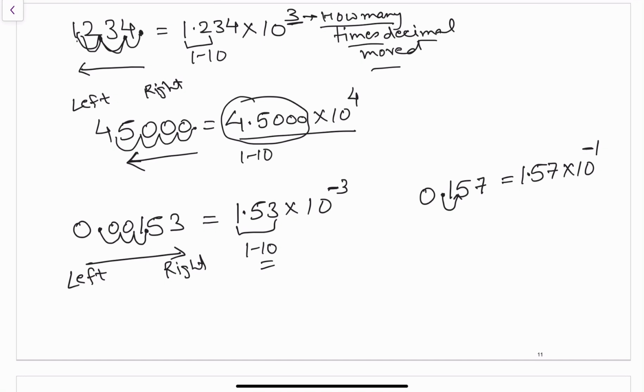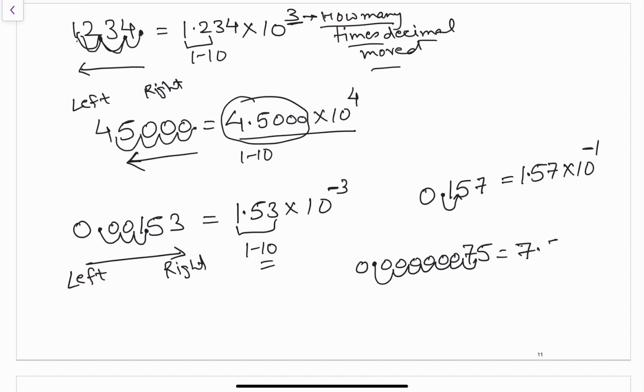Right. So let's do one last example on this. If I have the number 0.00000075, what should be the scientific notation? Let's see how many times I have to move the decimal. 1, 2, 3, 4, 5, 6, 7.